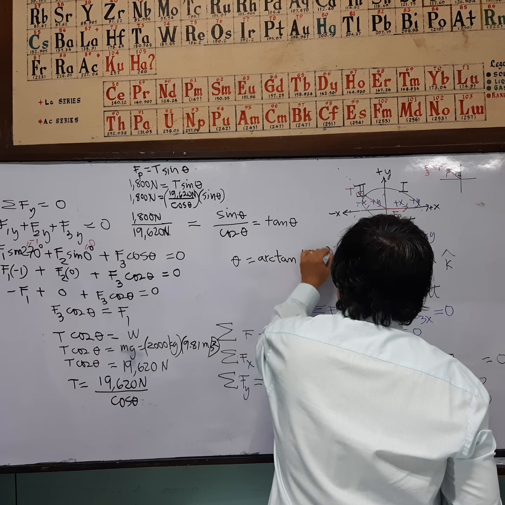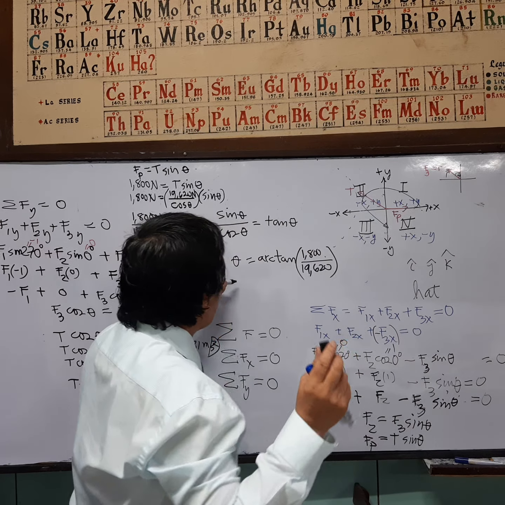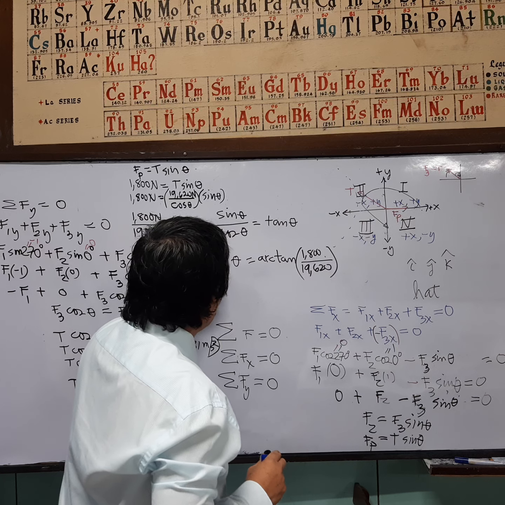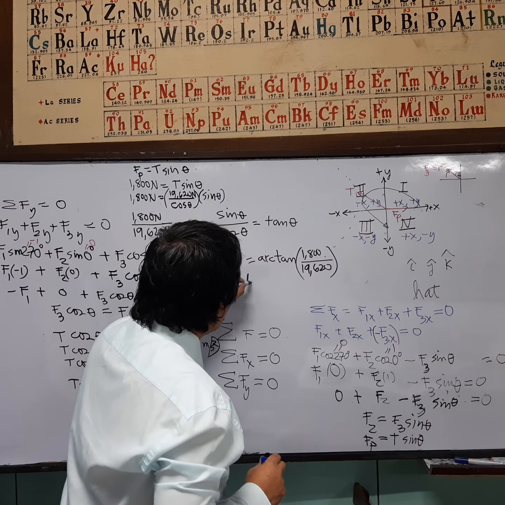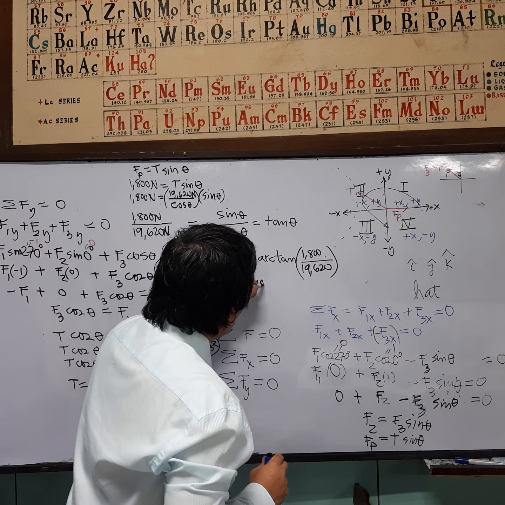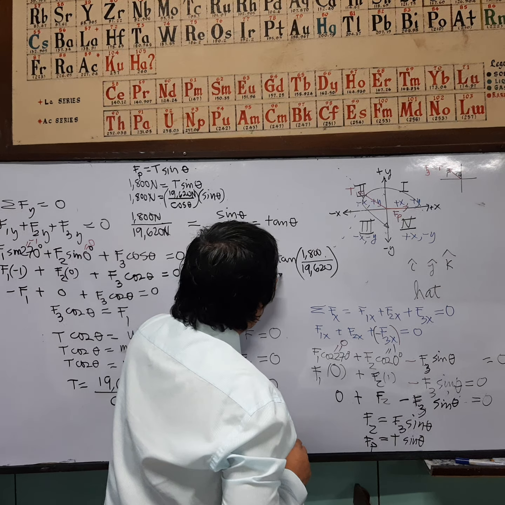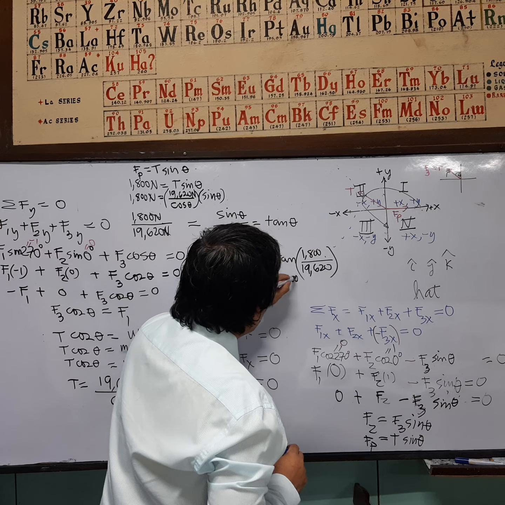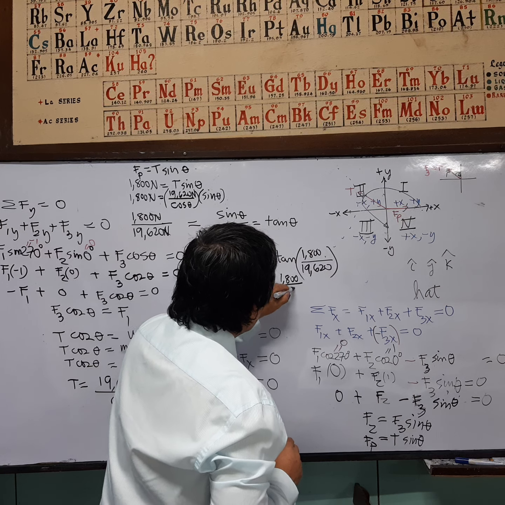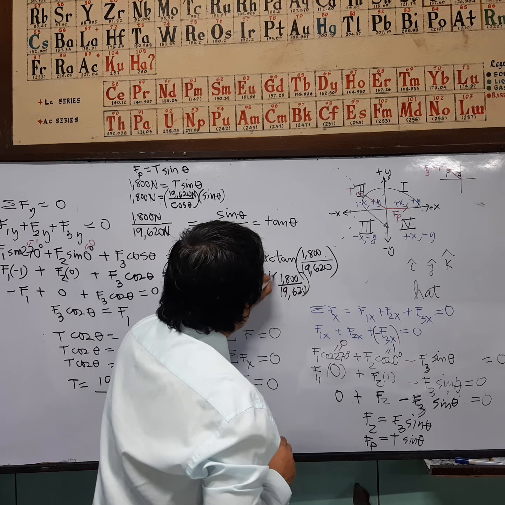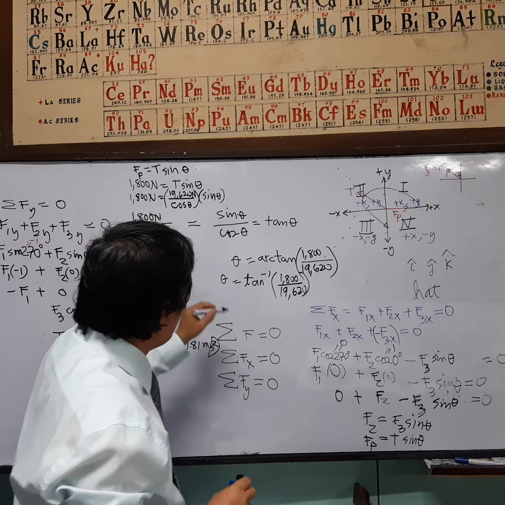In your calculator, theta is equal to tan negative 1 of 1,800 over 19,620. Then what is that in your theta?